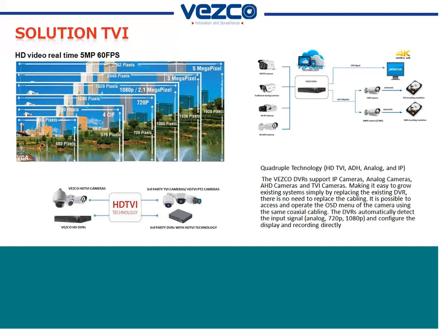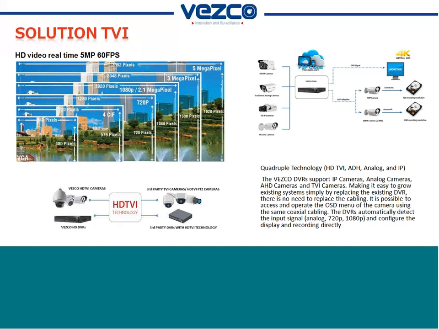When we look here on the side, we talk about our quadruple technology, or what we also call a quad grid. All of our DVRs, even from the base series, accept TVI, AHD, analog, and IP. However, I have some DVRs that even accept CVI. Those are special series DVRs.